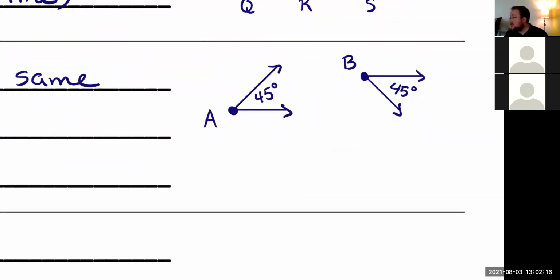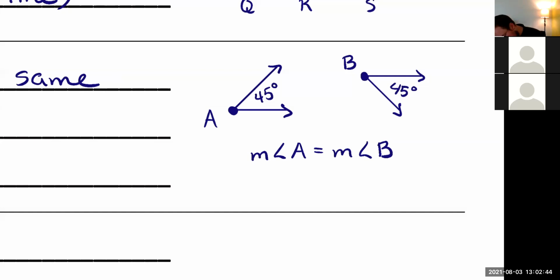So there's two ways that we would denote this textually. We would either say that the measure of angle A equals the measure of angle B. The little m is not behaving like a variable. It's a shorthand way to say measure of angle, whatever the angle is named.